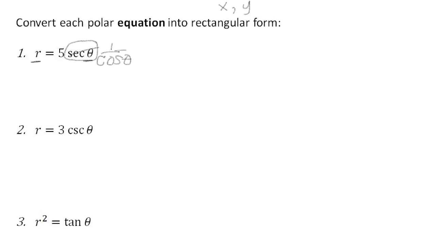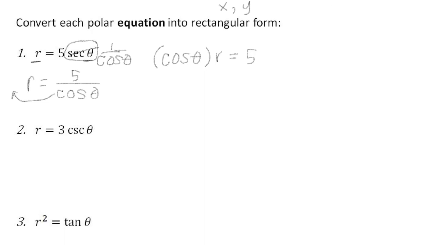So really we have r equals 5 over cosine of theta. And now let's multiply both sides by cosine of theta. So I'm going to have cosine of theta times r is equal to 5.